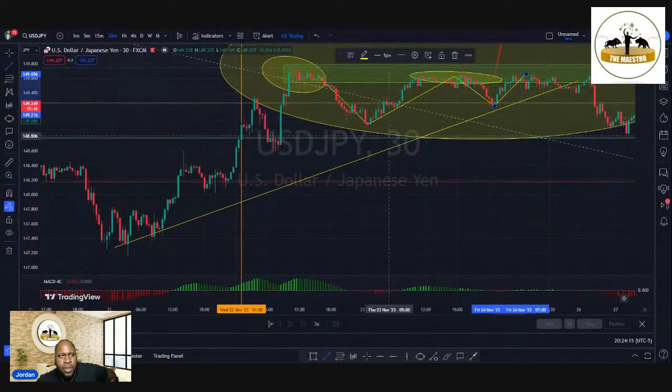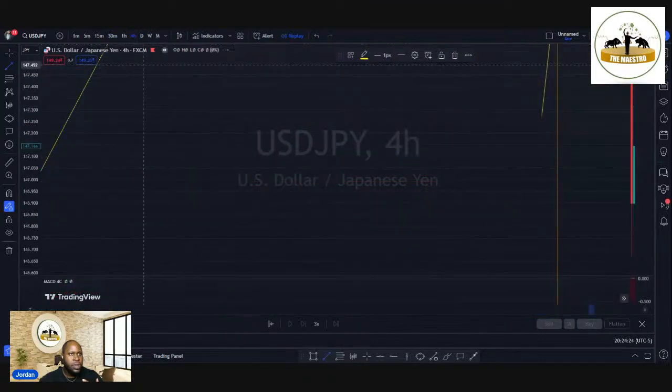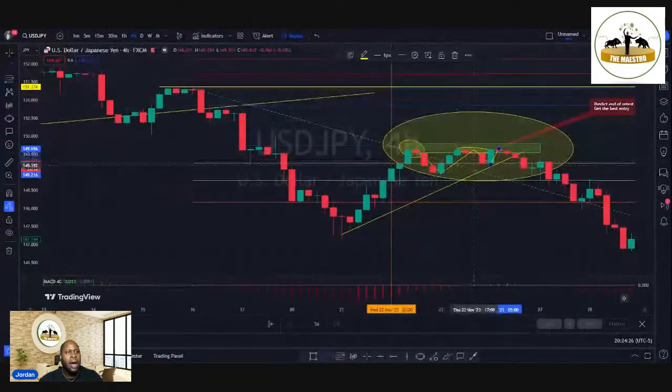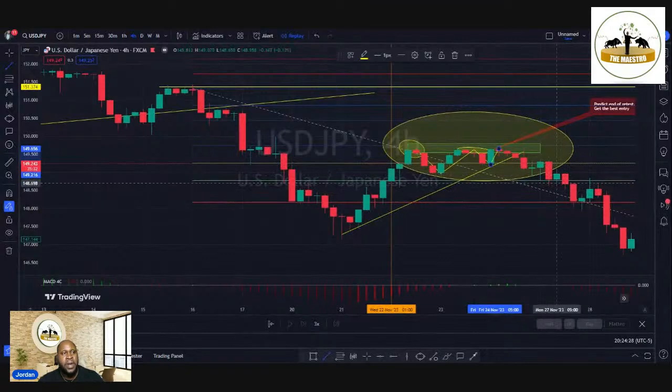Clearly, I have knowledge of market structure, and I'm going to know that on the higher time frame, I'm on a retest. I'm waiting for the continuation. I'm trying to see how far the retest is going to go.